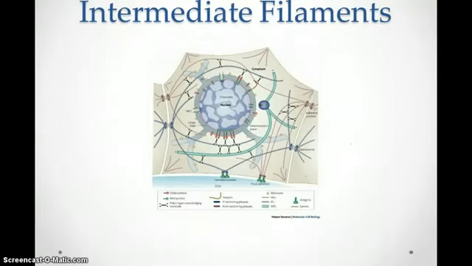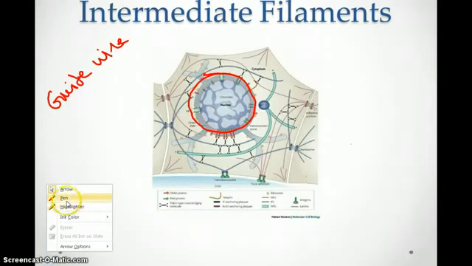The intermediate filament serves as a guide wire. Guide wire. And what it does is keep organelles in place. Like here we have a nucleus. So the guide wires around it, let's just change the color here.